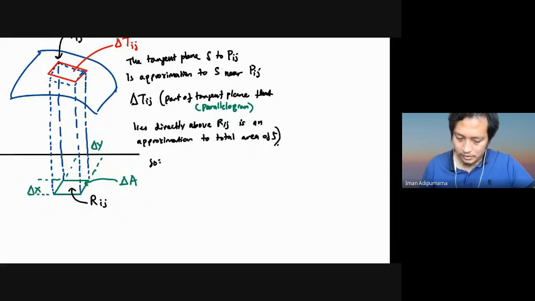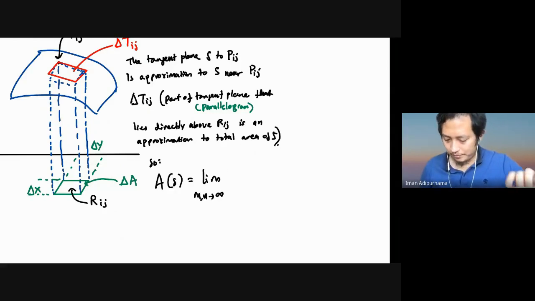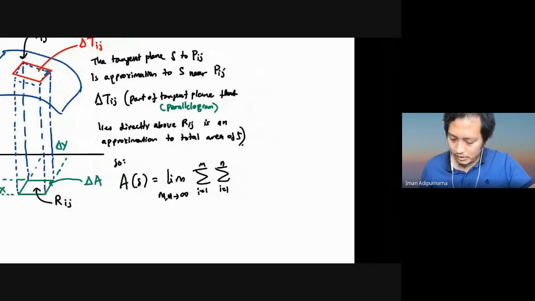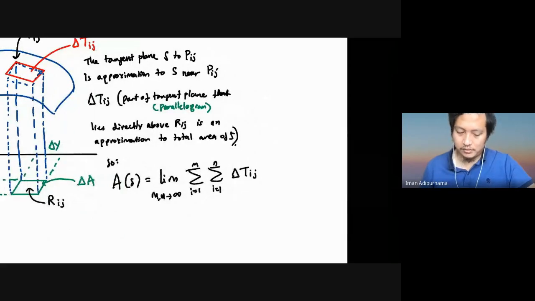The surface area A is the limit as m and n approach infinity of the sum of delta T.